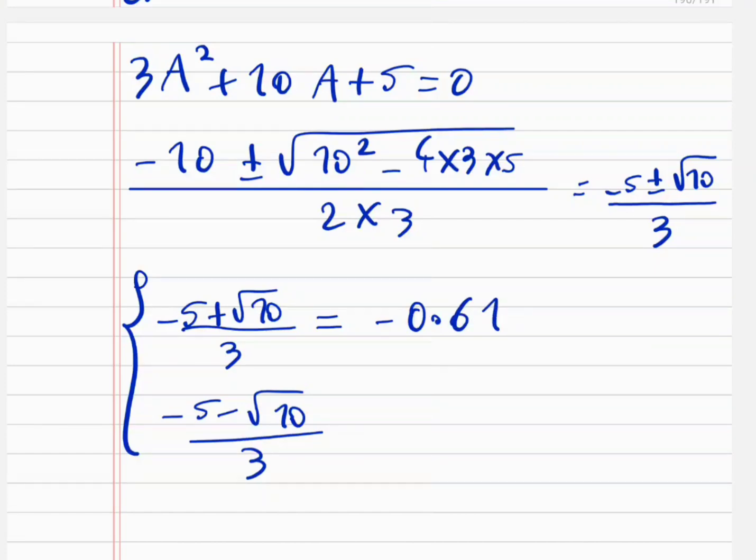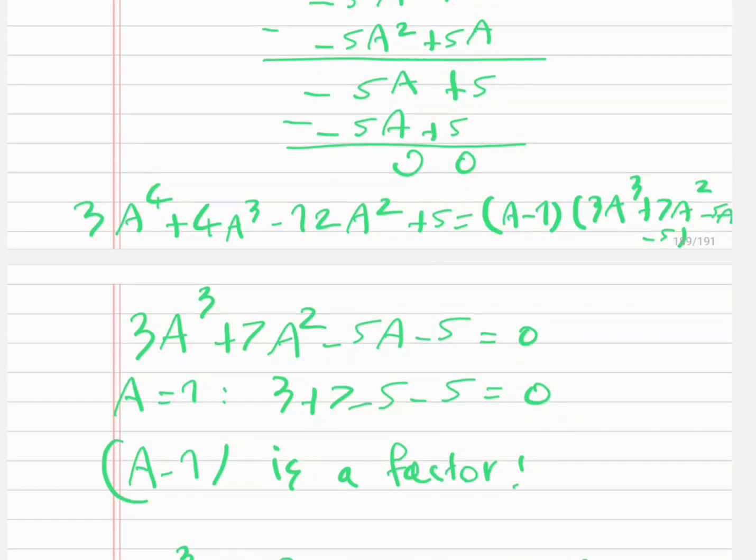The second value is going to be a bigger negative number, meaning the number is actually less than this one. The next one is equal to minus 2.72 and so on.